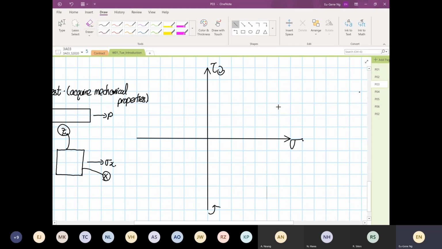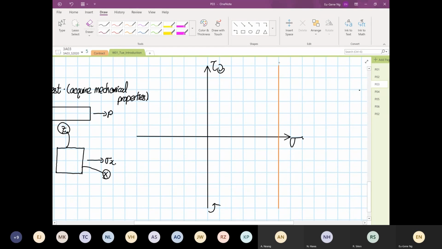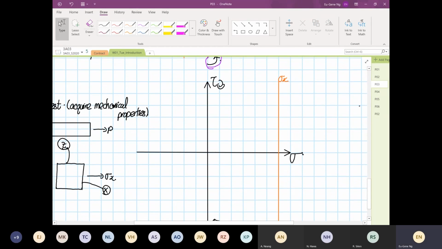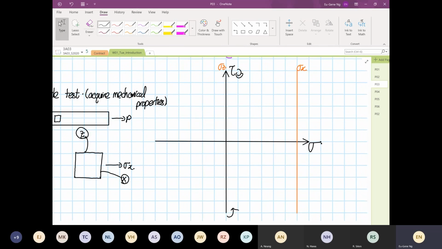So this is our stress X. Oh wait, the computer is not behaving. This is our stress X. Over here, this is our stress Z because there are no stresses on Z. And then this is our X point, and this is our Z point. Then from here, we can construct a Mohr circle.